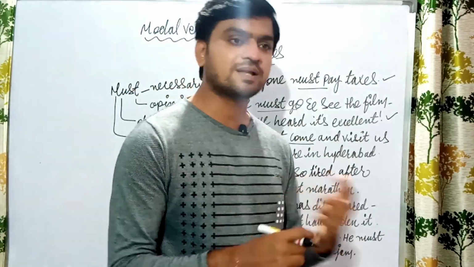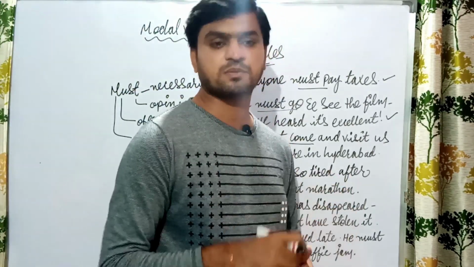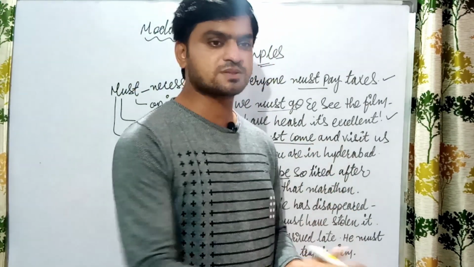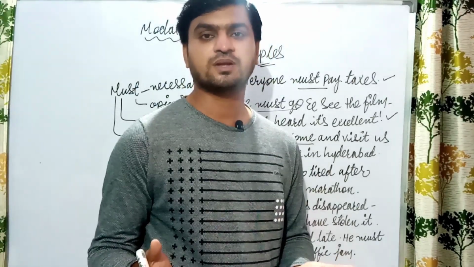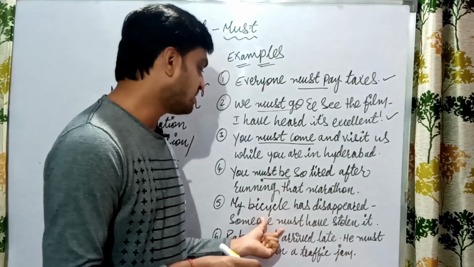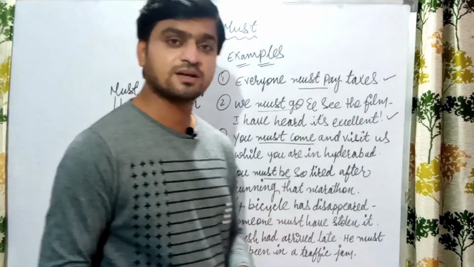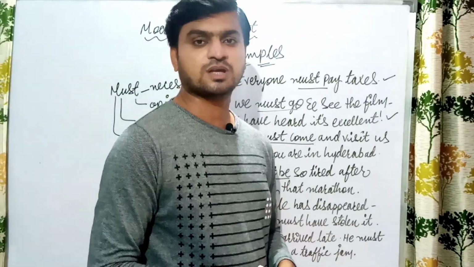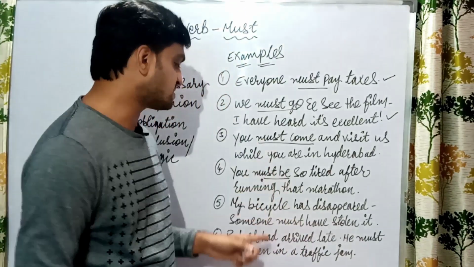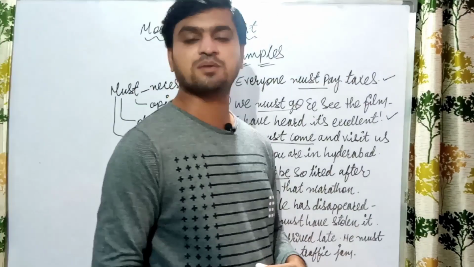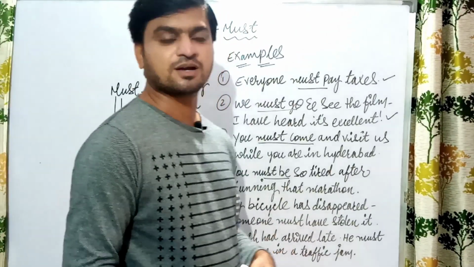So that stolen is a guess made by me. Suddenly, if it is not present in front of your eyes, then you can say it was stolen. Similarly, here it comes under logical conclusion. So, my bicycle has disappeared, someone must have stolen it, comes under a logical conclusion.